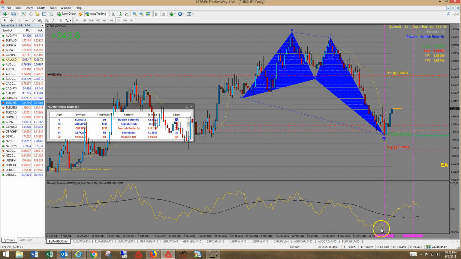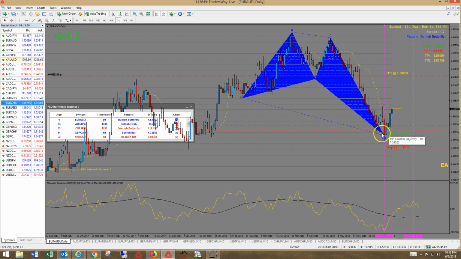So I just want to point this out too. Besides the Maxwell looking real cute down here, the entry point was right at, I don't know if you can see this line, a support level. It's not a real thick one like this, but it's a pretty solid support level.